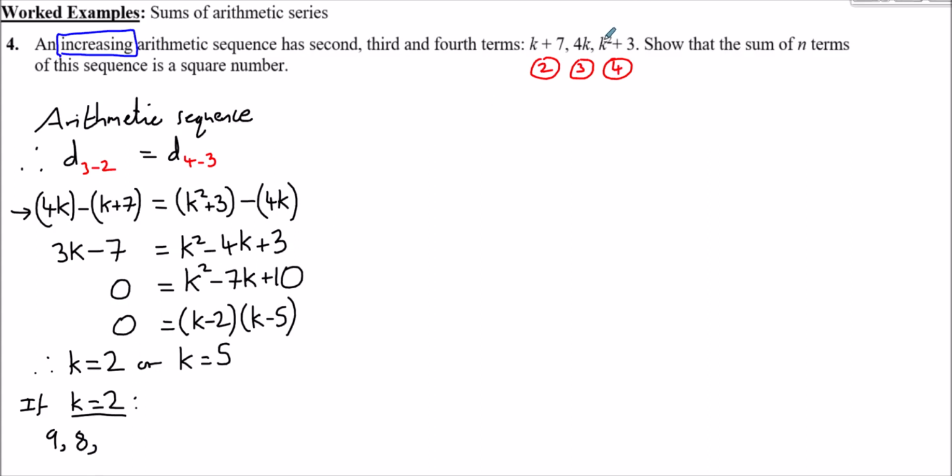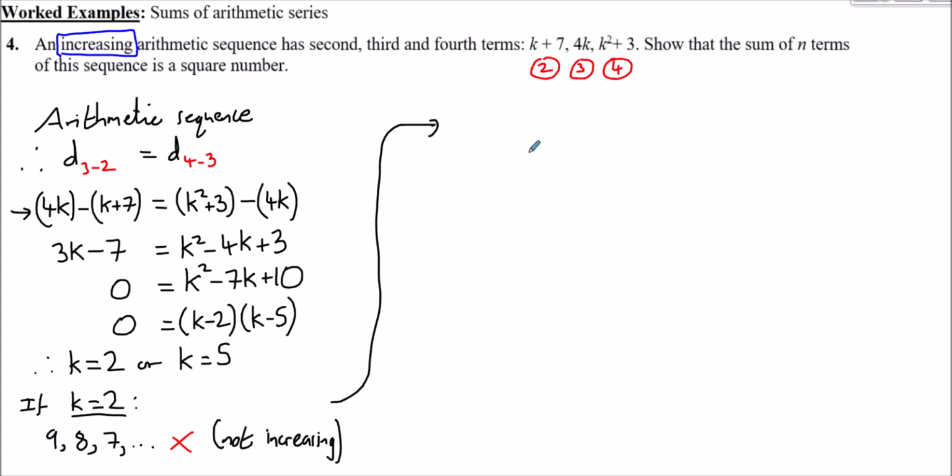And then k squared, 2 squared is 4, plus 3 is 7. So that clearly is not going to be an increasing sequence. So let's try, just to make sure, if k is 5. So we've tried k being 2, it's not increasing, so we need to rule out k being equal to 2.